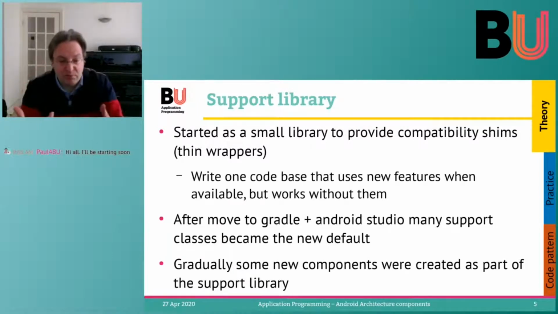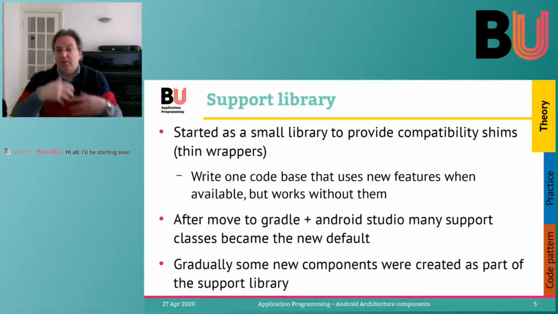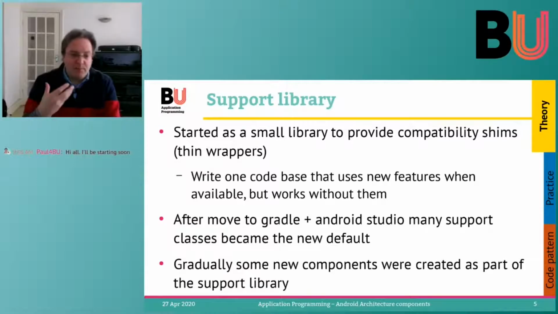So what they found at that point was that you can create new components and just make them available in this support library. There are many advantages of doing so, including the fact that you can update them as and when you want. For example, a big one is the recycler view.